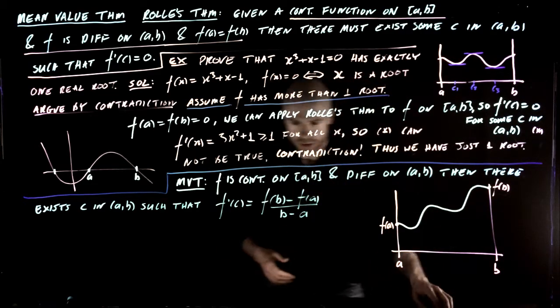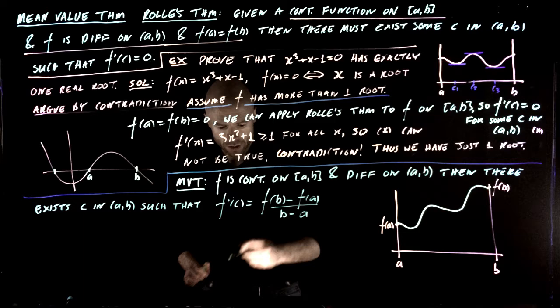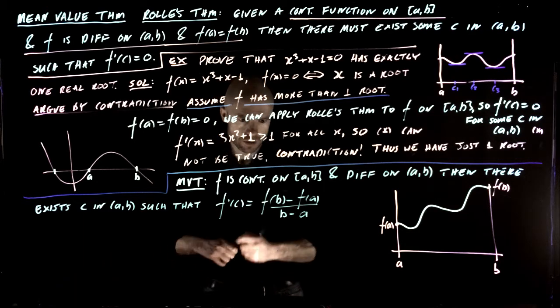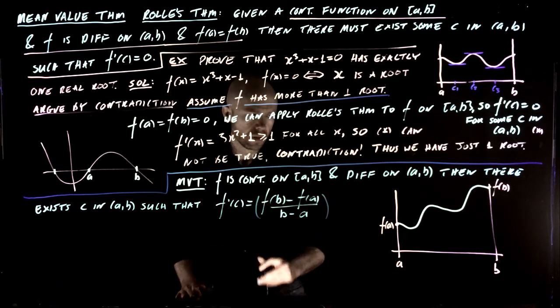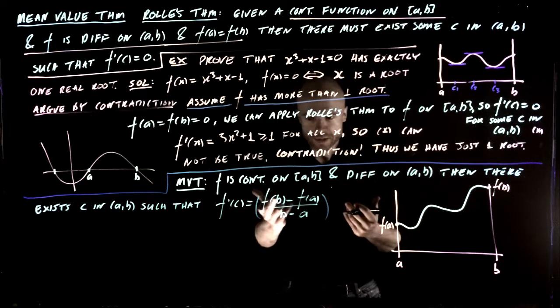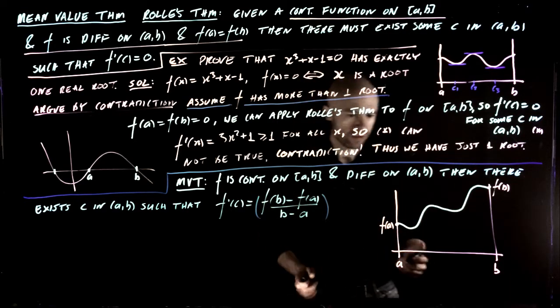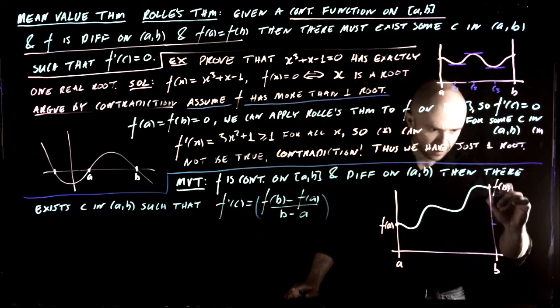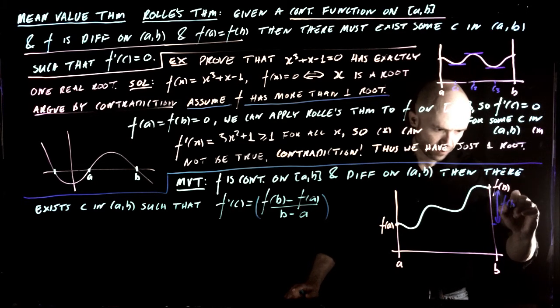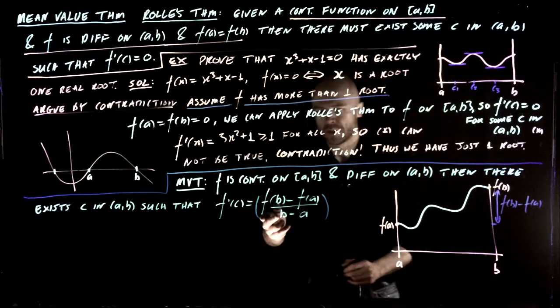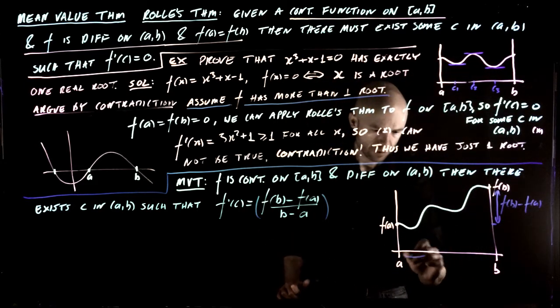And let's think about what this thing here represents. What is this quantity? Well, f of b minus f of a is going to be this distance. And what is b minus a? It is this distance.